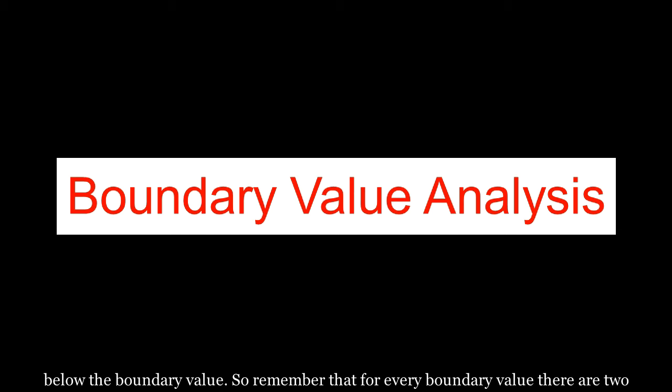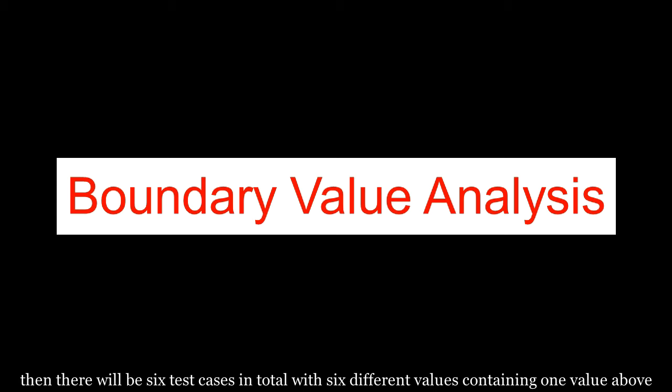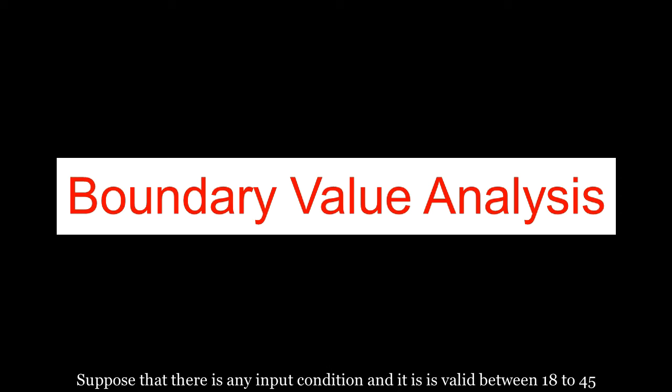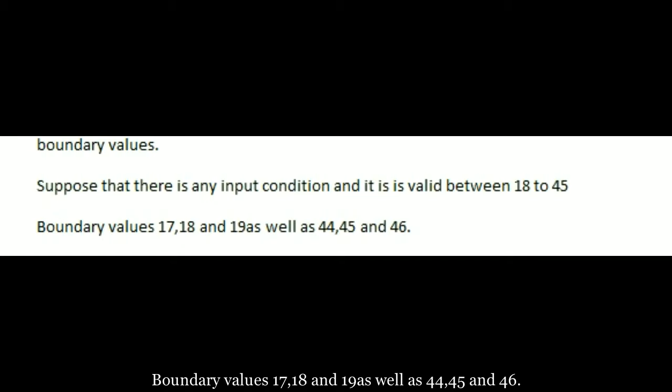So remember that for every boundary value there are two additional values that need to be tested, which means that if there are two boundary values, then there will be 6 test cases in total with 6 different values, containing one value above and one value below the boundary. Suppose there is an input condition valued between 18 to 45. So the values are 17, 18 and 19 and 44, 45 and 46.